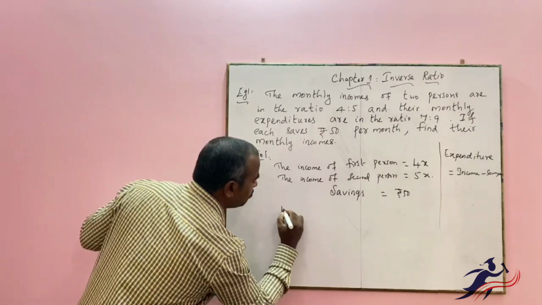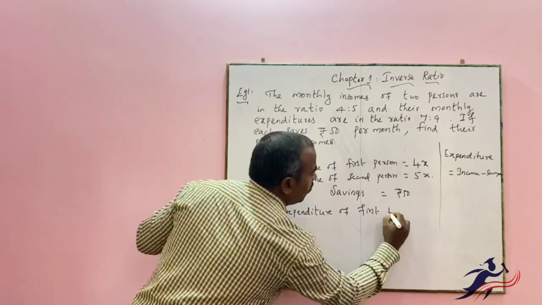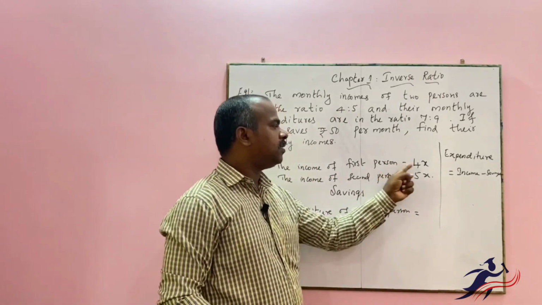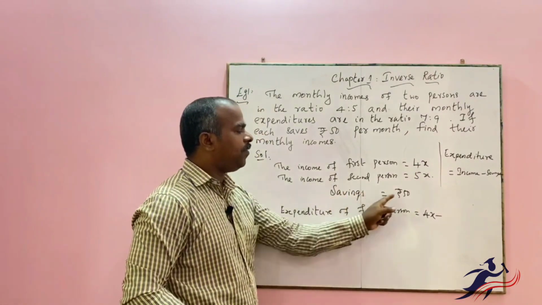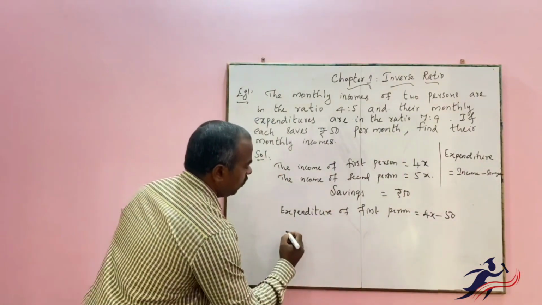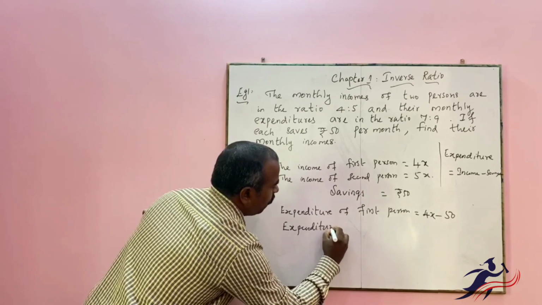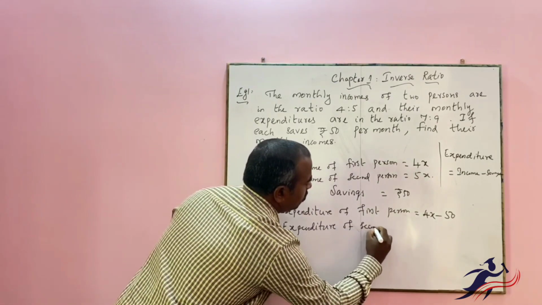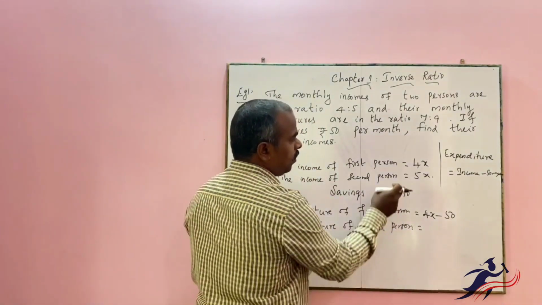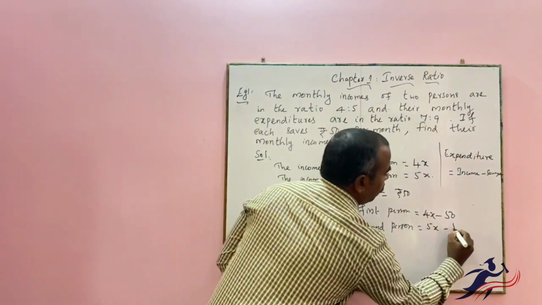Therefore, expenditure of the first person is equal to income 4x, each one is saving rupees 50, so 4x minus 50. The same thing, expenditure of the second person is equal to income 5x, so 5x minus 50.